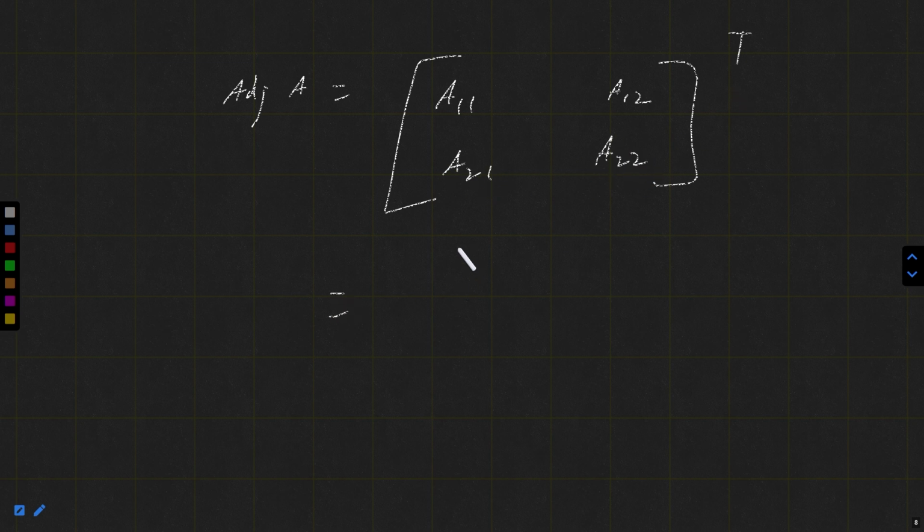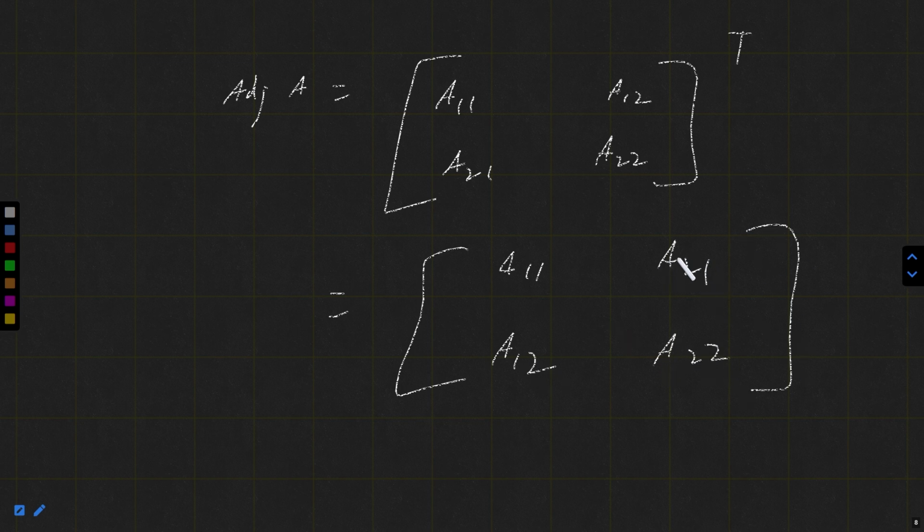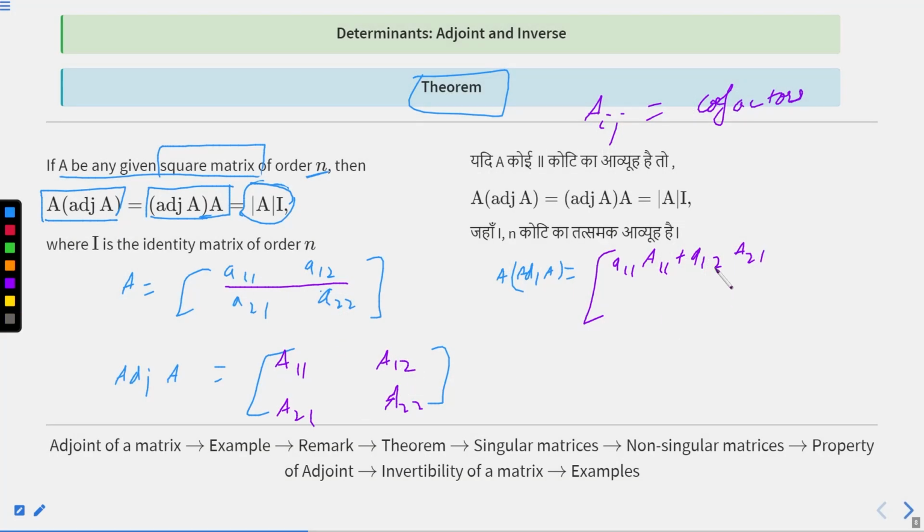So the transpose will be A11, A21, A12, A22. Clear? Please do not forget to apply this transpose.